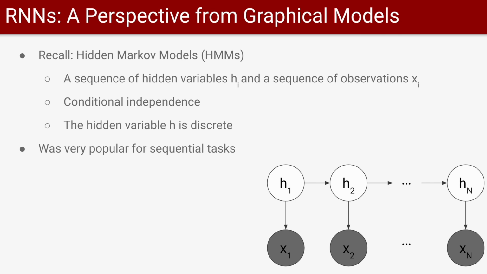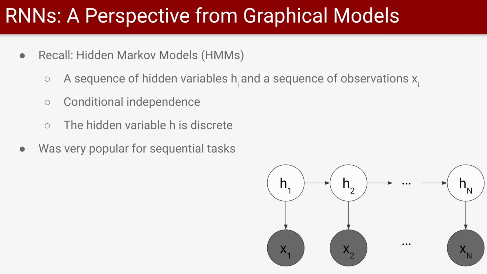In HMMs, we have a sequence of hidden variables, H, and a sequence of observations, X. If we remember this, the most important assumption in HMMs is the conditional independence, which means, for example, given the current hidden state, the current observation is independent of all previous hidden states. And another thing to notice here is that the hidden variable H is discrete.